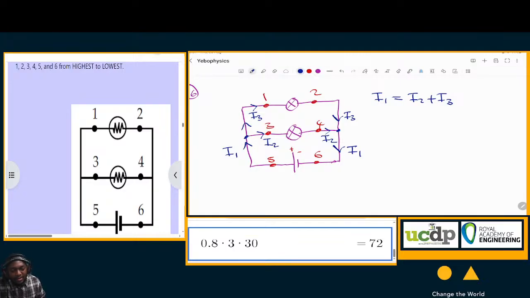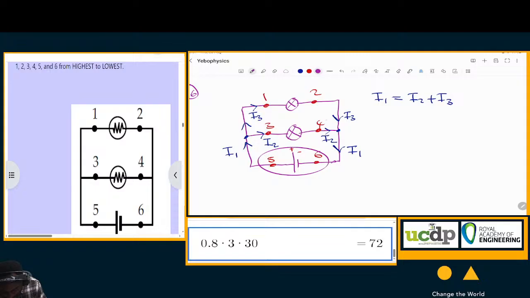So which immediately answers our question to say the currents 5 and 6 are the same.